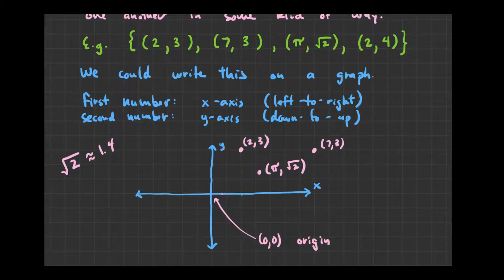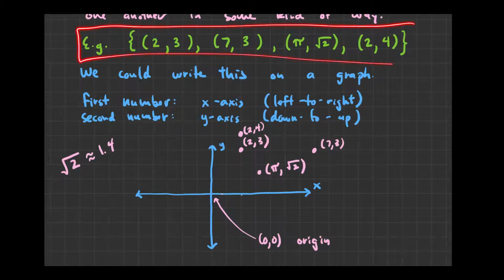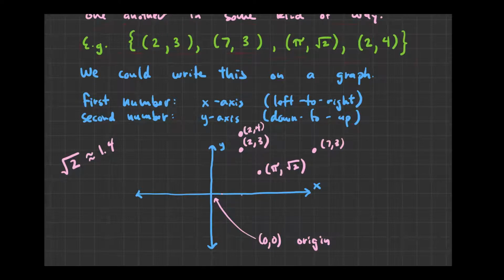And then finally, we have one more, 2 and 4, which is going to be right here, 2 and 4. So those are all the points in our relation, okay? Any questions about that? So one way that we can express a relation is by making just a full list.